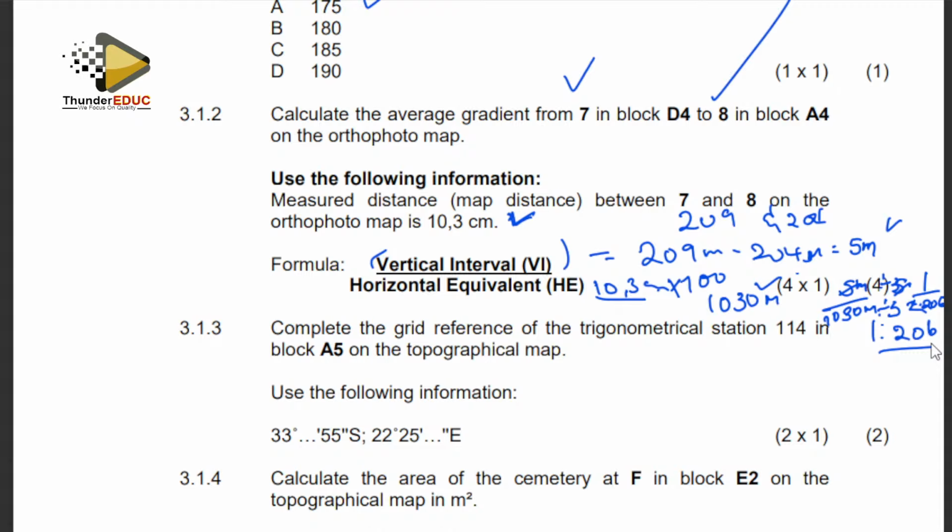Please don't forget, learners, when you reach here you must divide by the smallest so that you get the answer in ratio. And don't forget here, you multiply by 100. Why? Because the map we are using here is orthophoto, and we agreed that if it is orthophoto and they want the answer in meters, we use 100. If they want the answer in kilometers, we use 0.1.